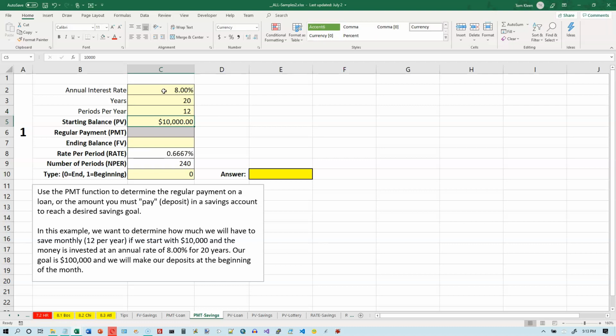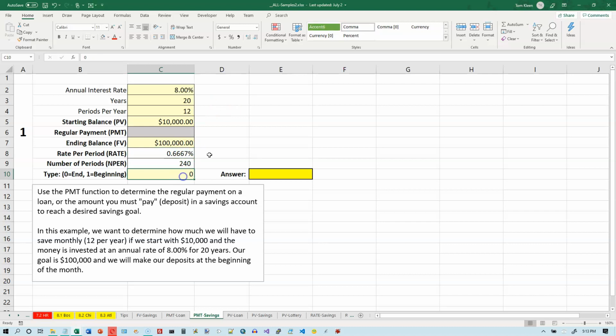We're going to do 12 per year. And as soon as I do the 8% and the periods per year, it can compute the rate per period, the monthly rate. And as soon as I do the years and the periods per year, it can compute the number of periods, which is 240. Okay, and our ending balance, our goal is 100,000.